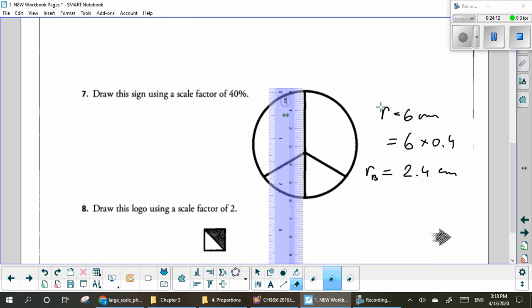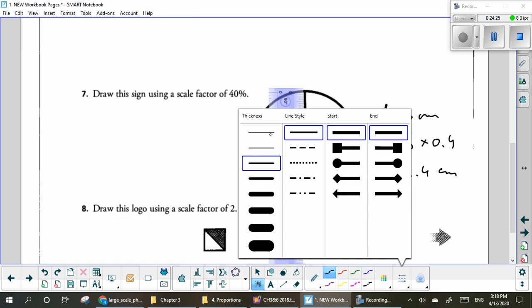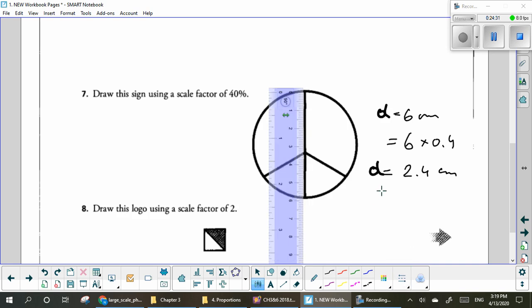That is the diameter. So we'll erase this. This is diameter, not the radius. If I wanted to find the radius, the radius of B is going to be half of 2.4, which is 1.2 centimeters.